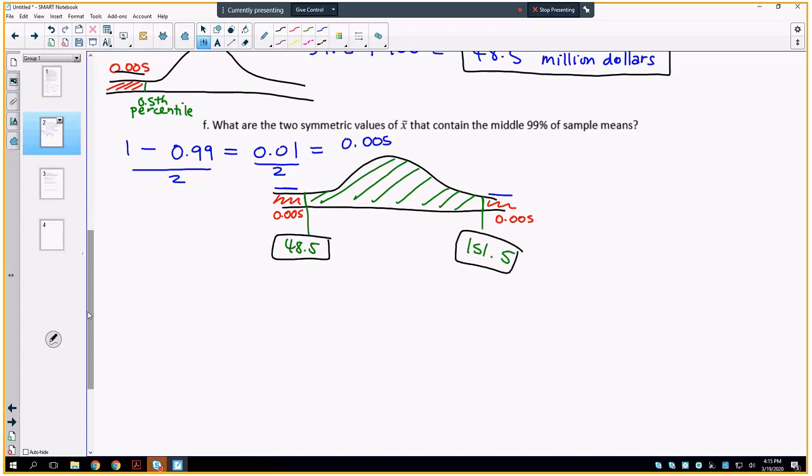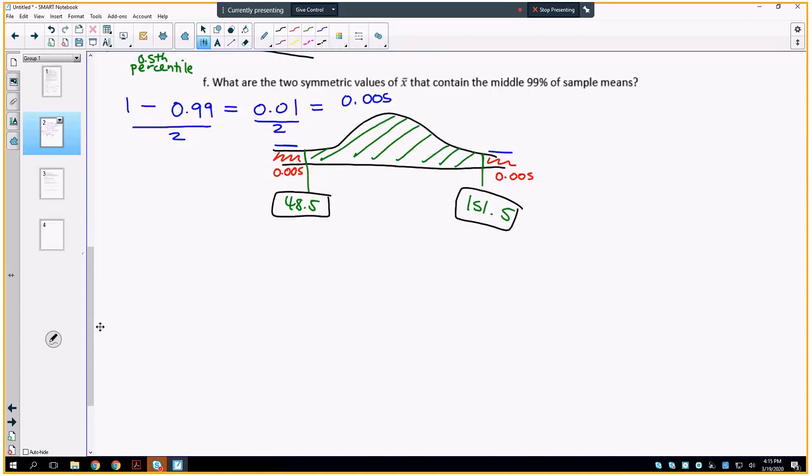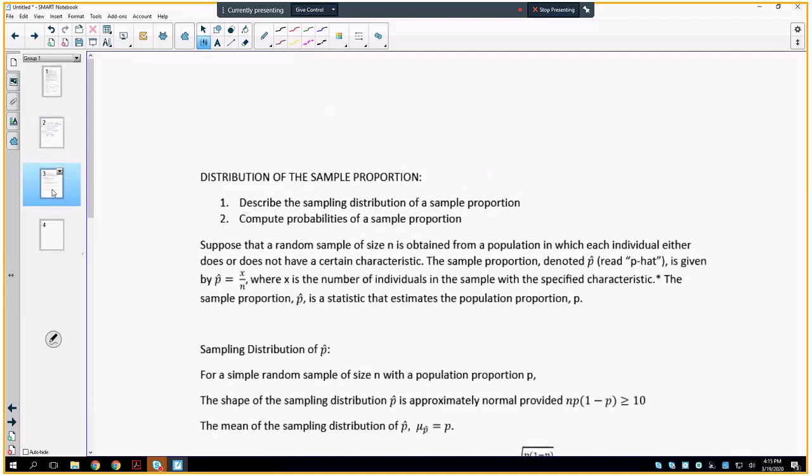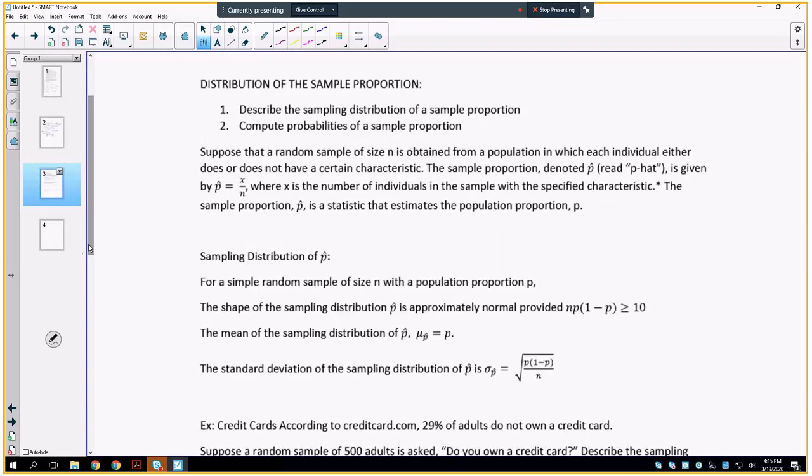All right, let's see what else. Okay, so we have one other topic for this lecture. So far we talked about sampling distributions. We talk a little bit about sample proportion. And we should have two new learning objectives: to describe the sampling distribution of a sample proportion and compute the probabilities of sample proportion.